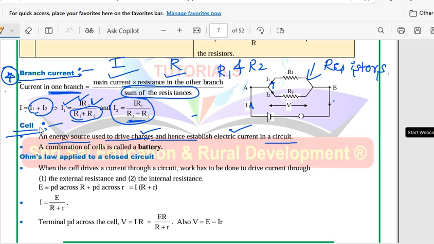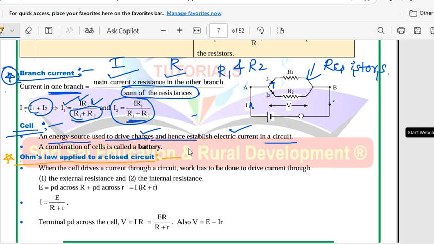Now, application of Ohm's law. Ohm's law applied to a closed circuit.